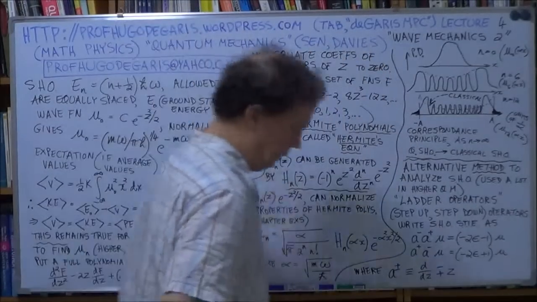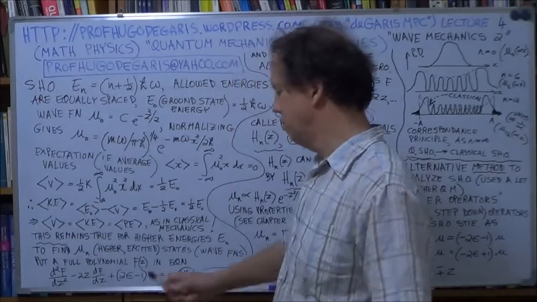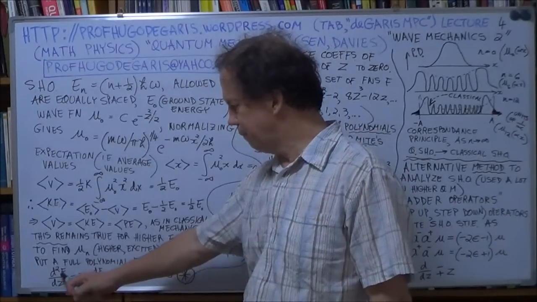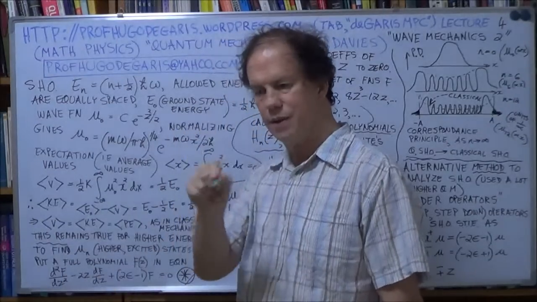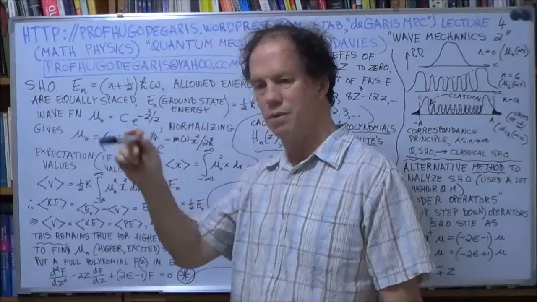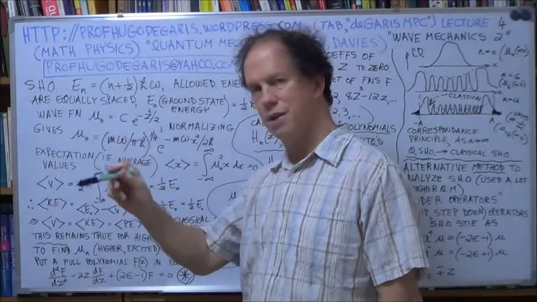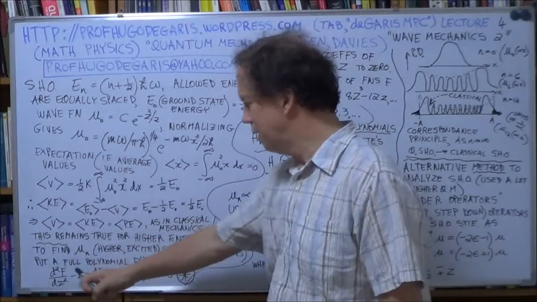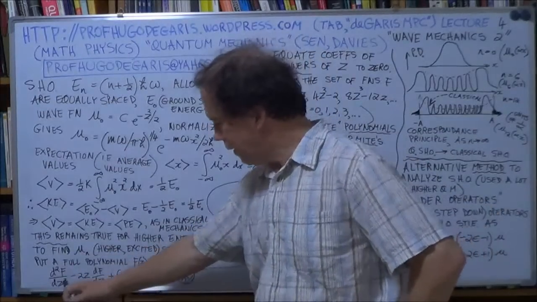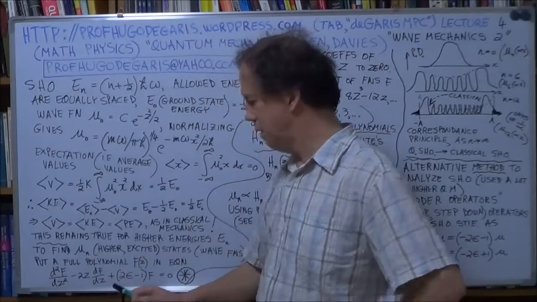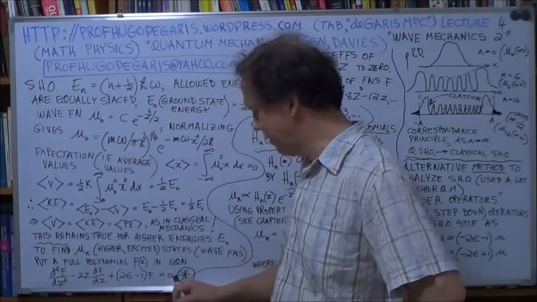All right, now you put in your polynomial, z to the n plus a z to the n minus 1 plus b z to the n minus 2, dot dot dot. Okay, and you put that f, your polynomial, into this equation, and then the left hand side is equal to 0.